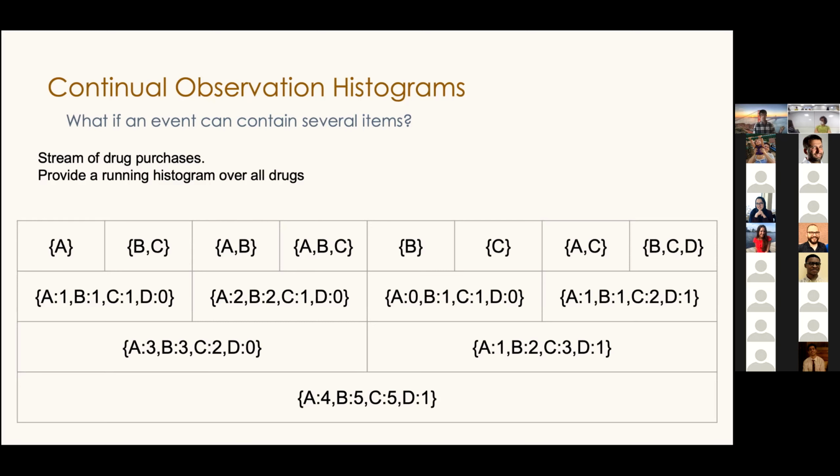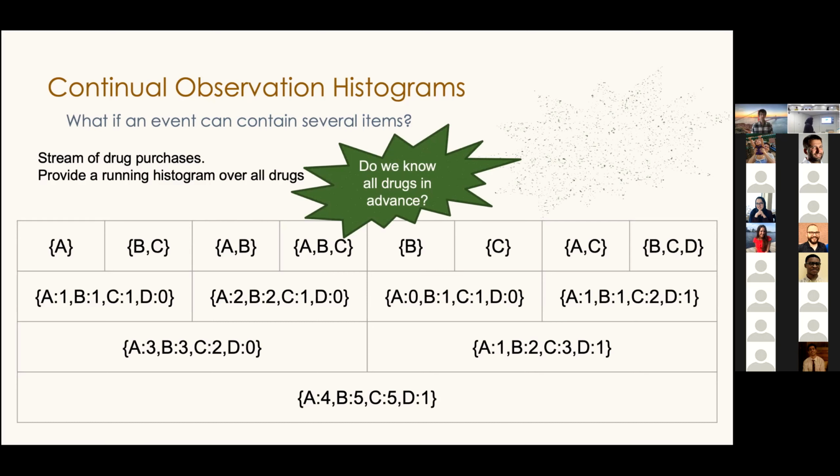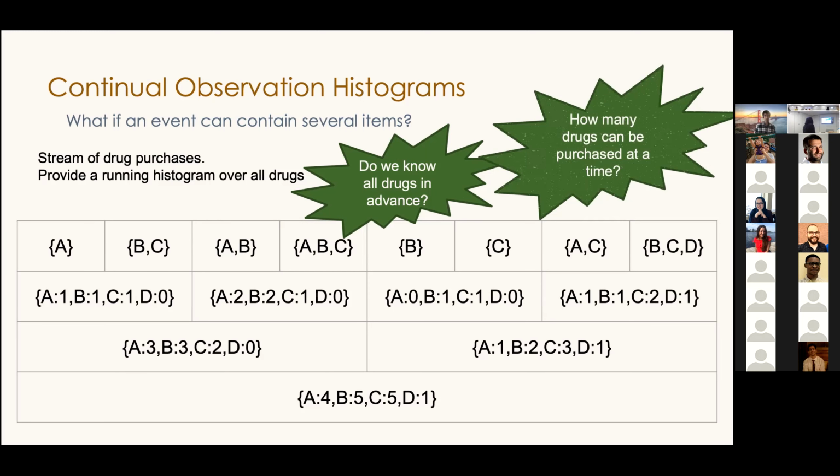But then several questions arise when you do this. Do we know all the drugs in advance in this stream, like the unknown domain setting? And also, how many drugs can be purchased at one time? Typically in the continual observation setting, we're mostly interested in event-level privacy, so changing a single one of these cells in the top row.